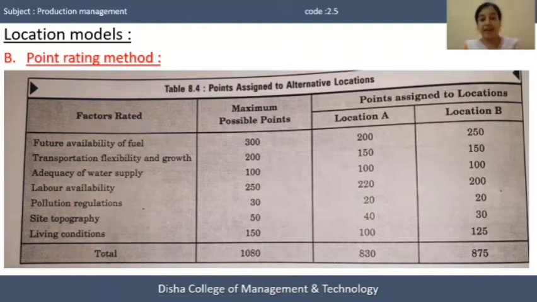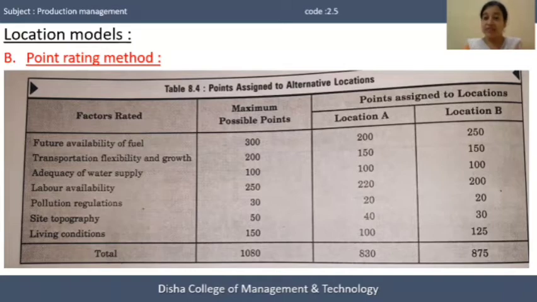After assigning various points to a particular factor, the industrialist has to identify various alternate locations which are available to them. After that, he has to assign points to the locational factors out of the maximum points.